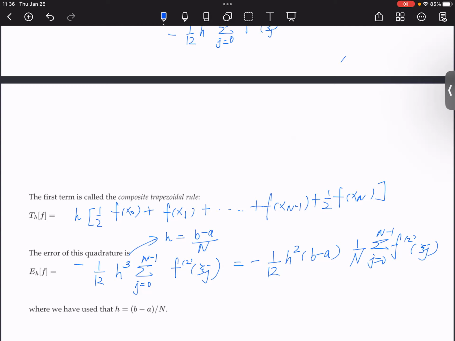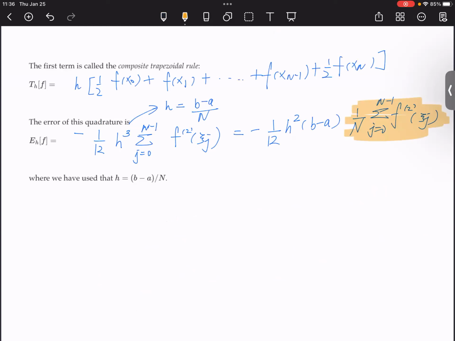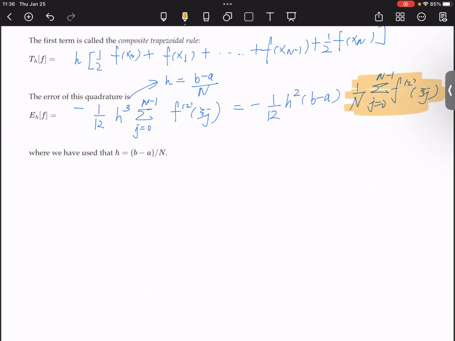Let's focus on this term. If the function f is twice continuously differentiable on the interval [a, b], the extreme value theorem would tell us something.